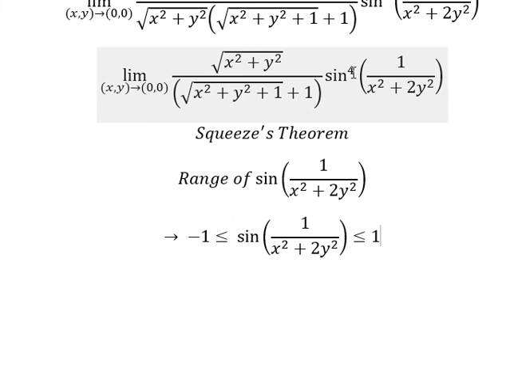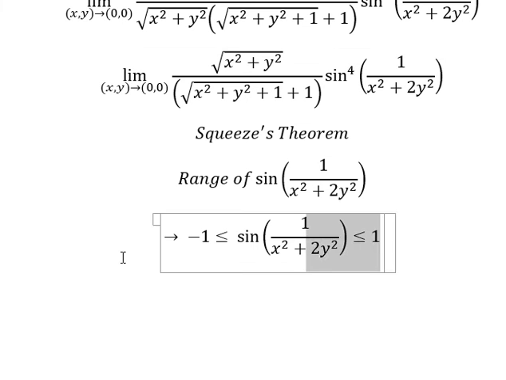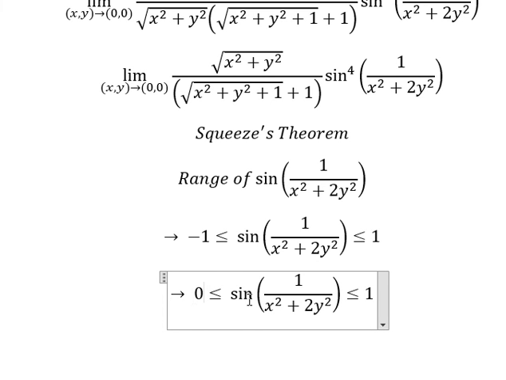But we have the power number 4 in here. So that is an even power. Even power, they just provide the positive number in here. So for this one, we have the range from 0 to number 1.